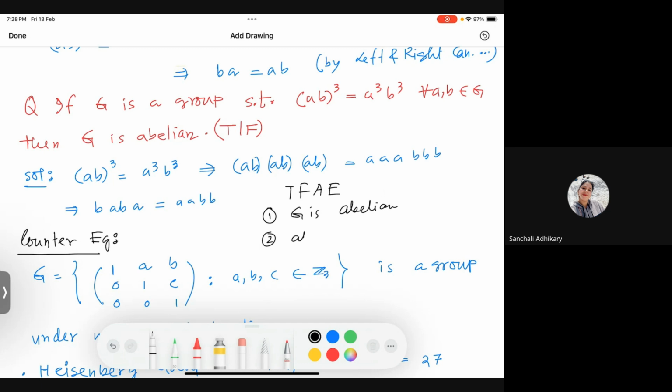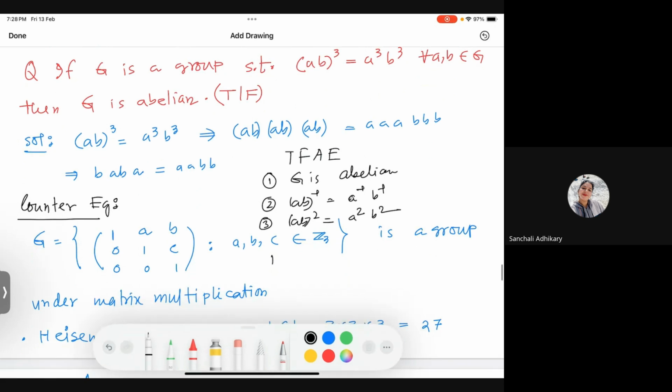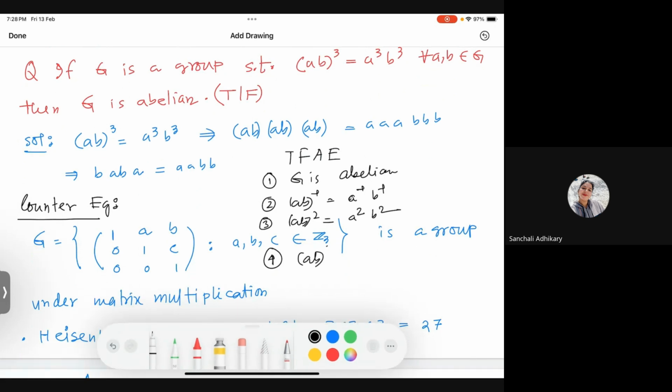Second, (AB)^-1 is equal to A^-1 B^-1. Third, (AB)^2 is equal to A^2 B^2. Fourth, (AB)^n is equal to A^n B^n. This is true for any three consecutive natural numbers or positive integers. These four properties are equivalent.